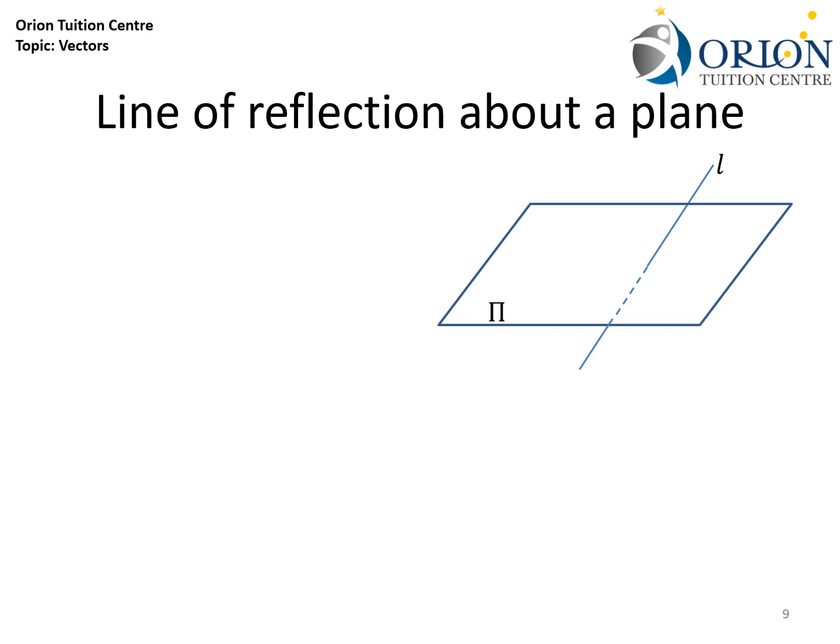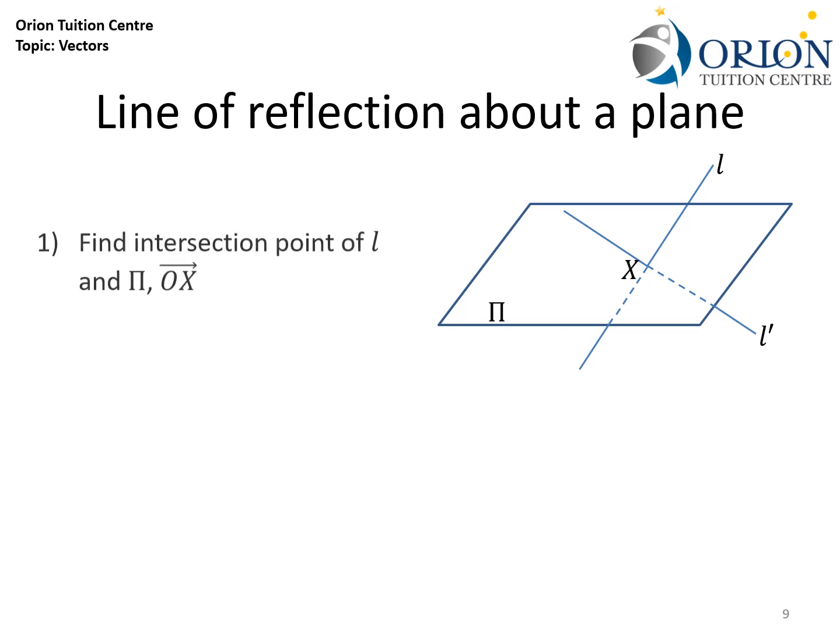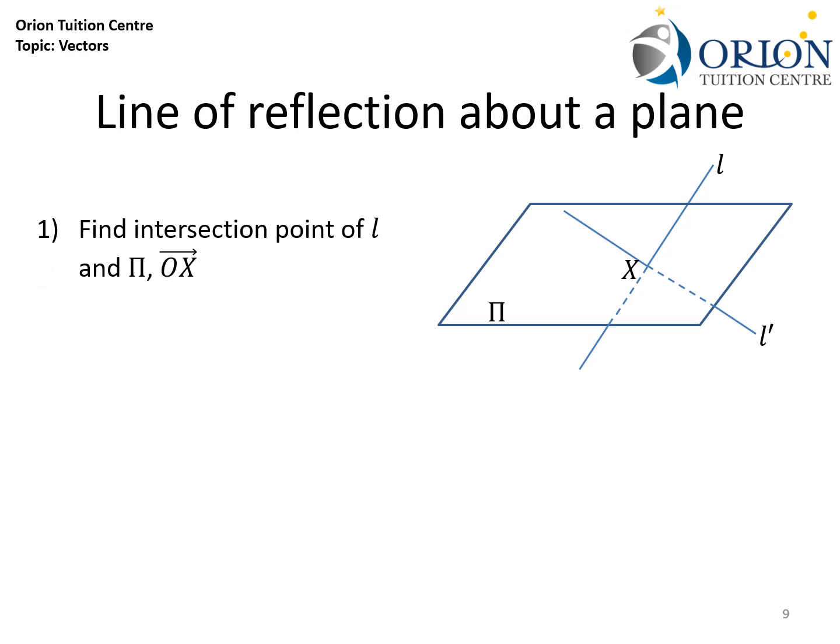With a line and a plane, it is also possible to determine the line of reflection about the plane. To determine the equation of the reflected line, we will need 2 points on the reflected line. The first point that we can use is the point of intersection X between the original line and the plane, since both lines and the plane will all intersect at this same point.